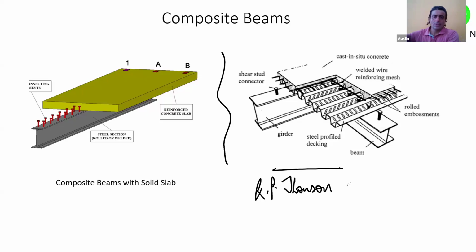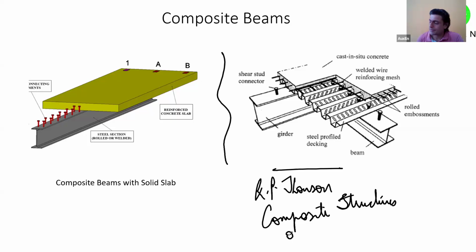Composite design. The title of the book is Composite Structures of Steel and Concrete by Professor R.P. Johnson.